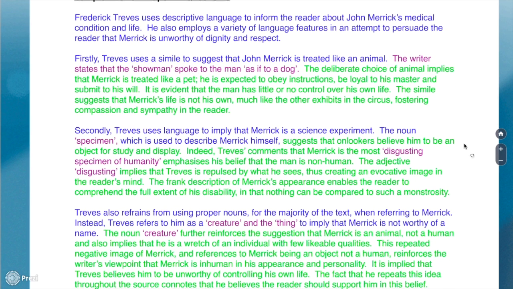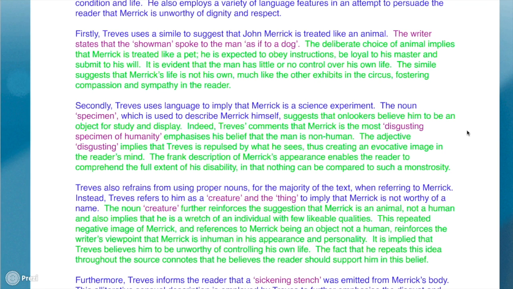Right, let's have a look at the next one then. So the next paragraph, obviously I've used the discourse marker secondly. You could use something else if you wanted to. But I've said secondly, Treves uses language to imply that Merrick is a science experiment. Okay, so here we haven't got a specific language feature, but what we've then said is the noun, so we've mentioned the word class, the noun specimen, which is used to describe Merrick himself, suggests that onlookers believe him to be an object for study and display.